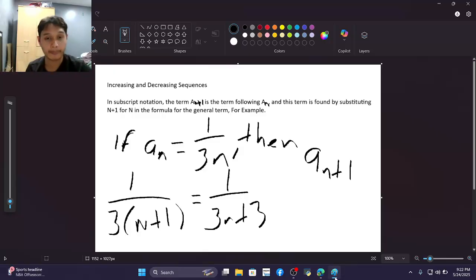For example, if a sub n is equal to 1 over 3n, then a sub n plus 1 will replace the n, not as a subscript but as a normal number. As you can see, 1 over 3 times n plus 1, so 3n plus 3.